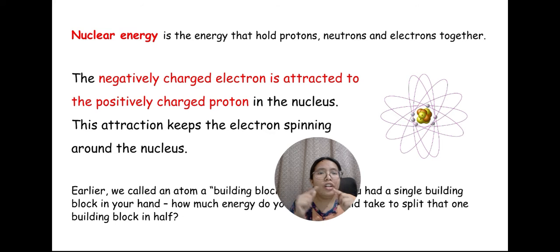Parang yung magnet, na-try niyo na yung magnet. Kapag binitaw mo, magdidikit na talaga yan. So, kaya paikot-ikot si electrons kasi nahahatak siya ni protons kasi nga sila ay magkaiba ng charge.